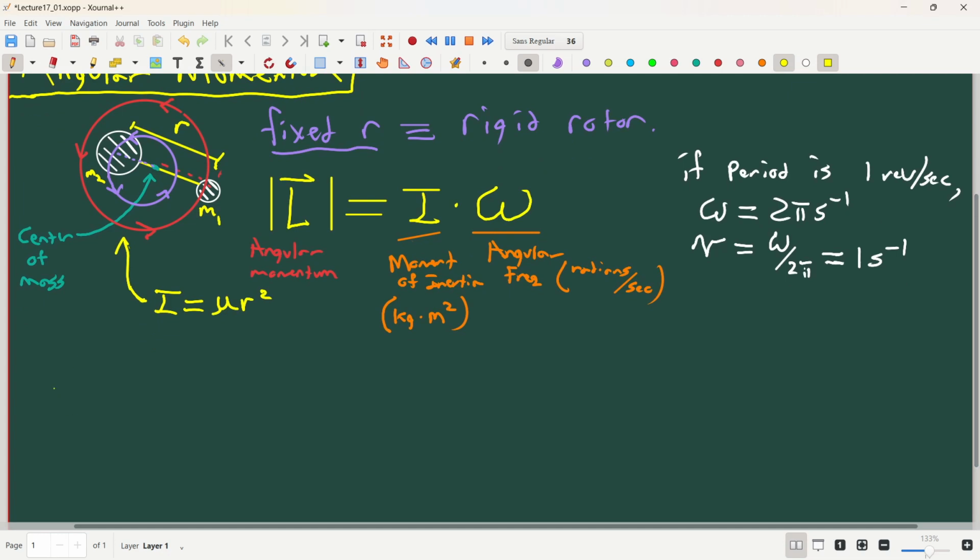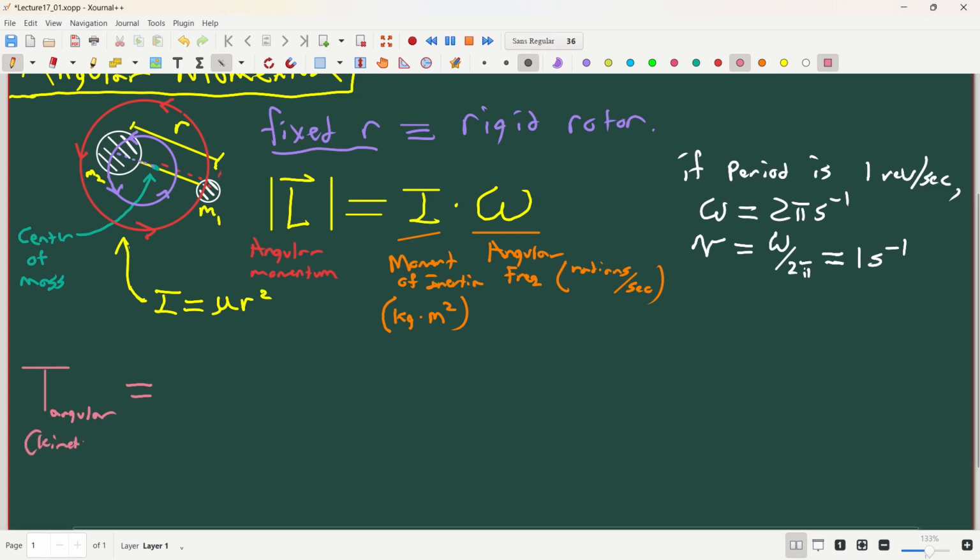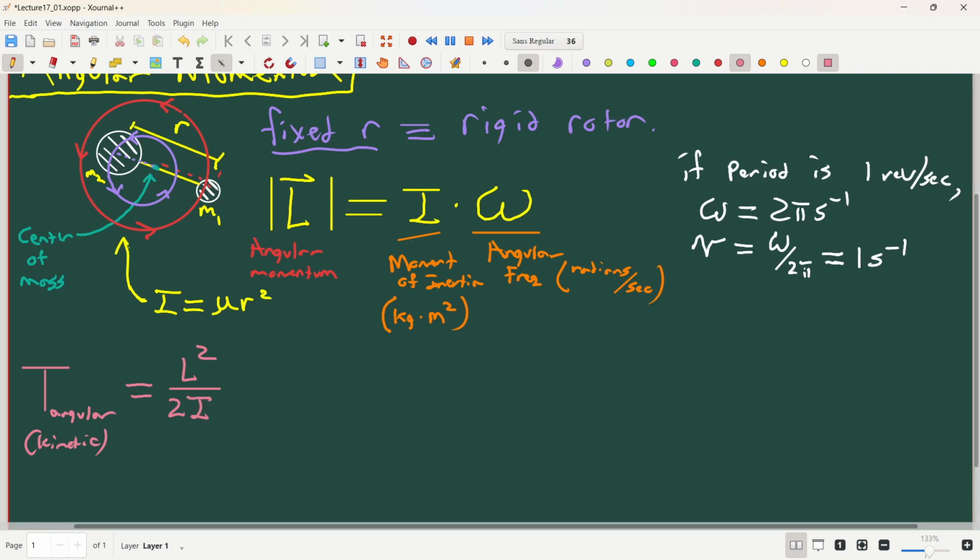The kinetic energy of rotation, so T for rotation, the angular kinetic energy, is L squared, the magnitude squared of angular momentum, divided by 2 times the moment of inertia.